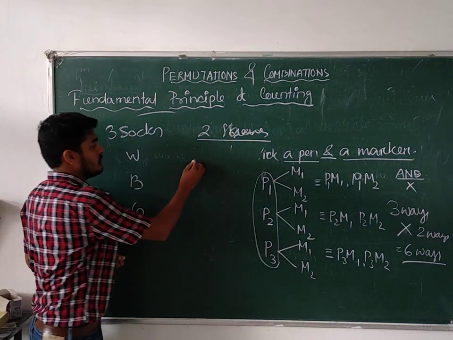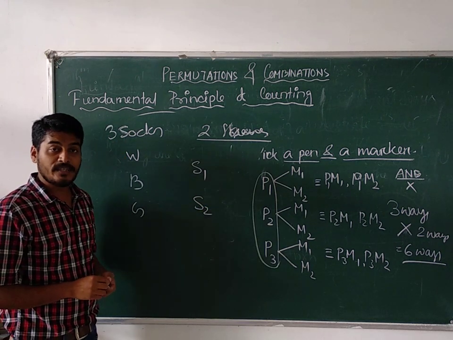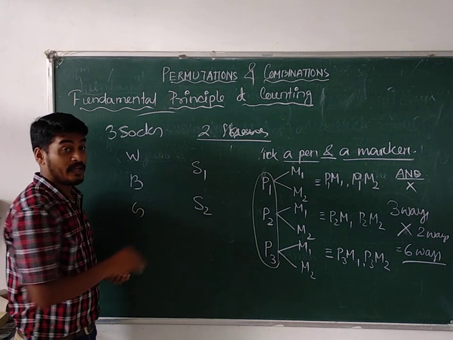Suppose shoe 1 and shoe 2. So how many different ways can you wear them, that means make a pair?